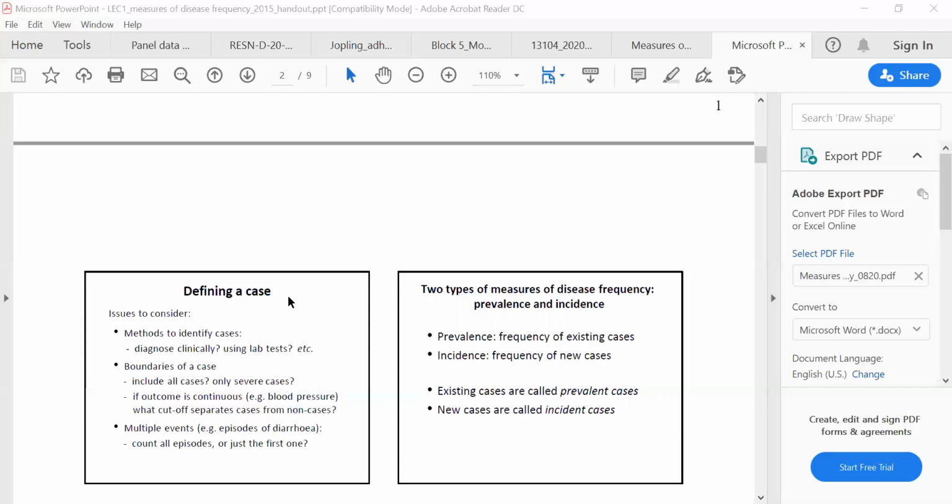Or you can say, since the symptoms are not specific, we define someone with malaria as someone who has a positive lab test. So it is very clear.